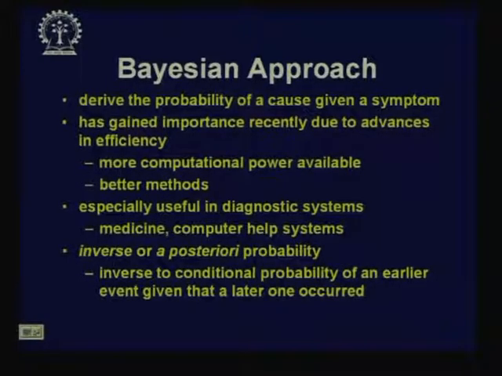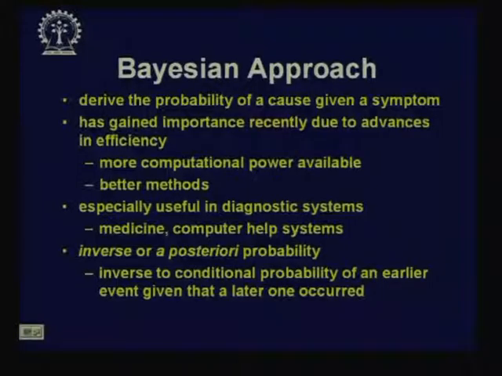However, the Bayesian approach demands discussion in its own right. In the Bayesian approach, the basic tenets or the steps are these. We first derive the probability of a cause given a symptom. Okay? We get a symptom and we want to find out the probability of the cause. Now, although this requires a lot of computational power, it is gaining more and more importance because we are having more and more powerful machines.